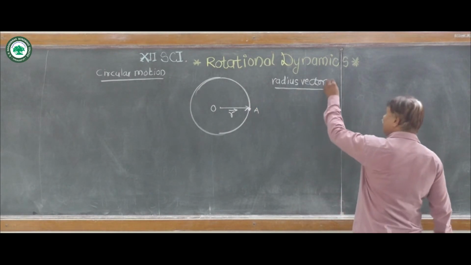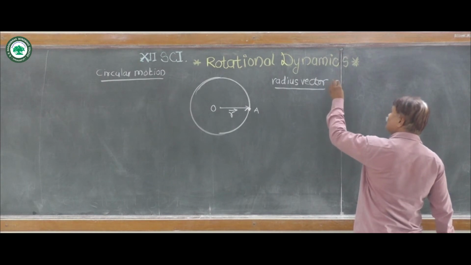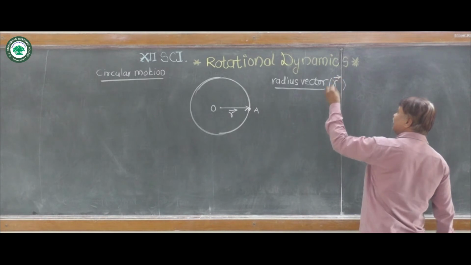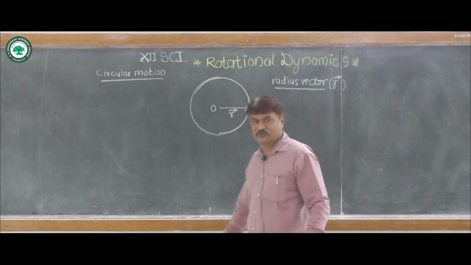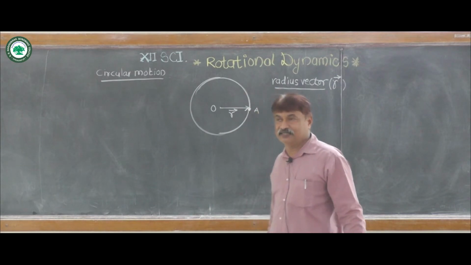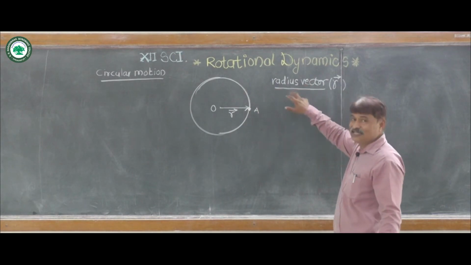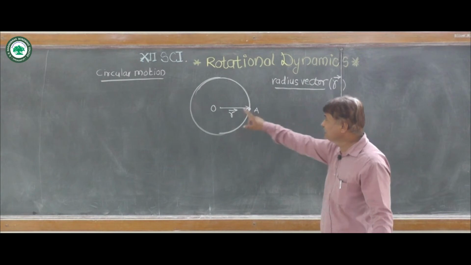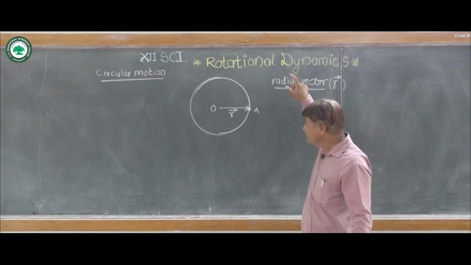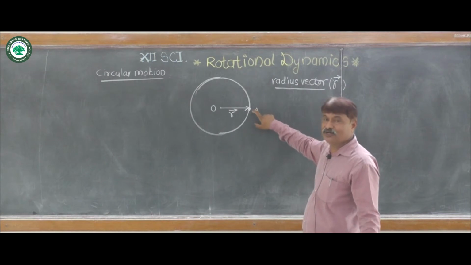As it is along the radius, it is shown by R, and it is a vector, so we write vector R. Vector R is the radius vector or position vector, defined as the vector drawn from the center of the circle to the position of the particle on the circumference.